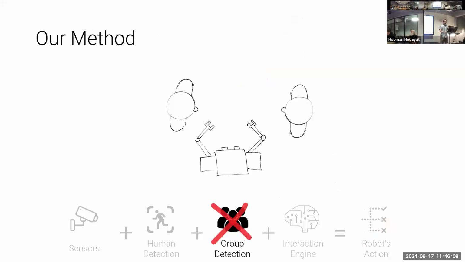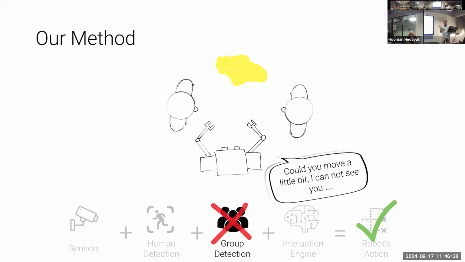So our method is this: although I cannot see a person in this group, based on the evidence I have, there should be a person at this location. So we can take the right set of actions, or be a little more conservative. For example, I might say, my sensors might not work, can you move a little bit? So we correct that.